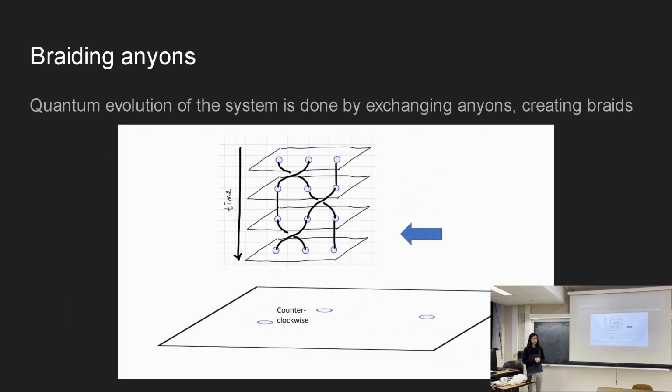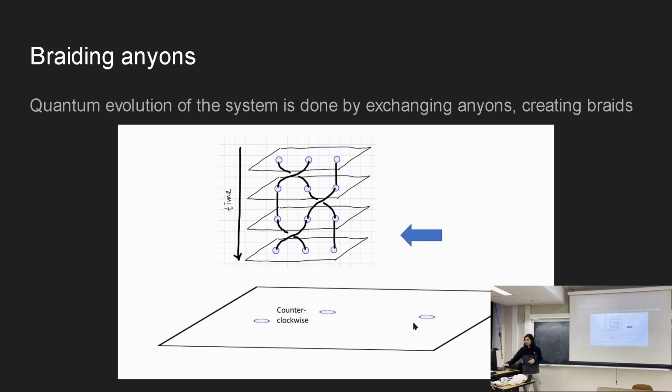We want to encode the quantum information in some topological property, and we also want our quantum calculations to not be sensitive to local perturbations. So we want our quantum calculations to be done topologically. I already talked about the paths the particles take in space-time.